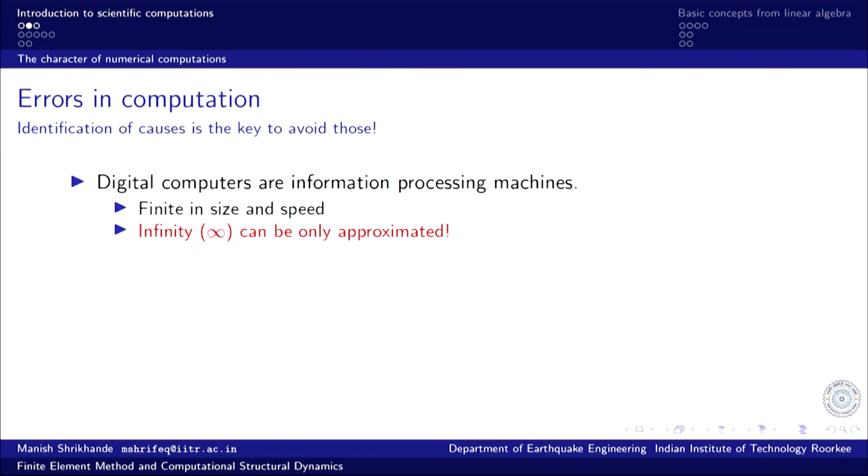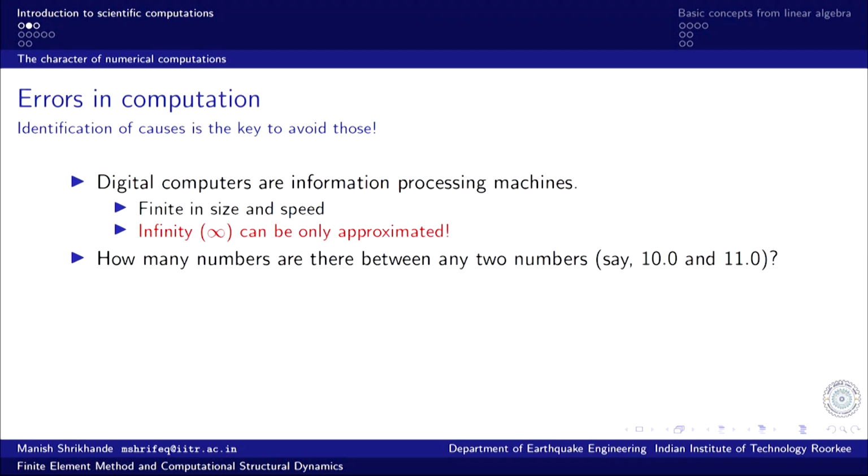So, what are the implications? To appreciate the implication of this simple statement that we have to approximate infinity, reiterating the earlier question: how many numbers can we pack in between any two numbers, let us say 10.0 and 11.0?